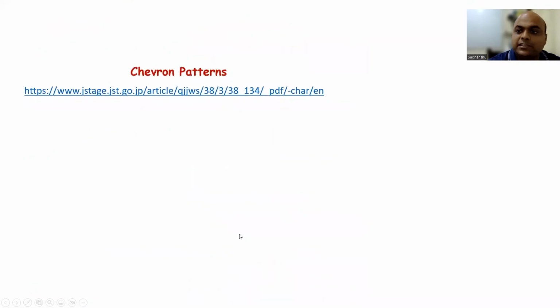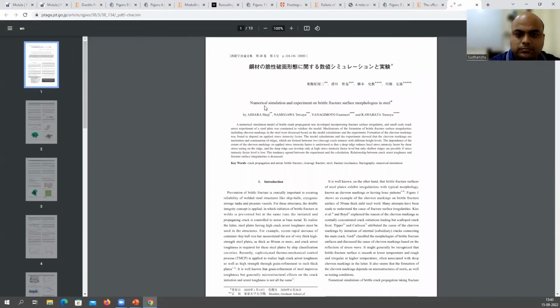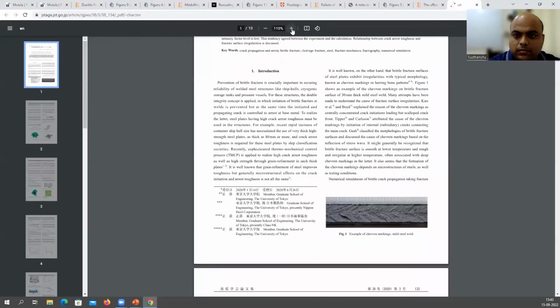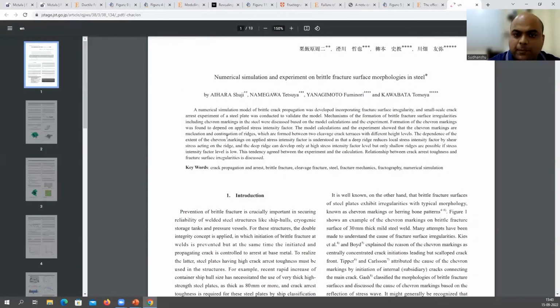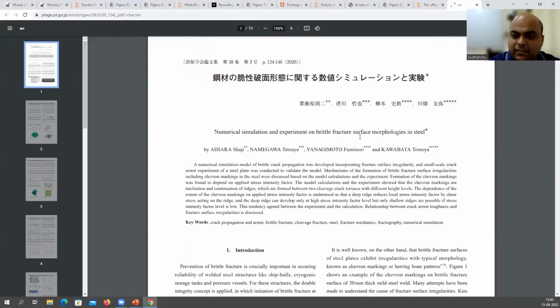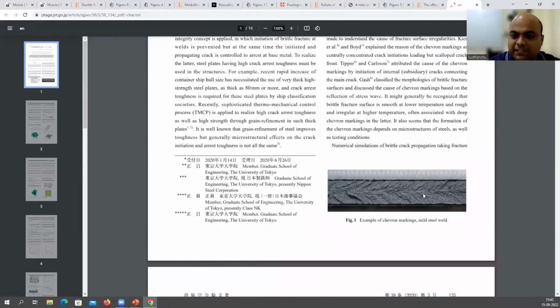Now the last one is Chevron patterns. So this is from a paper called Numerical Simulation and Experiment on Brittle Fracture Surface Morphologies in Steel. And you can see very nicely the Chevron patterns here. So it's an example of Chevron markings in mild steel.